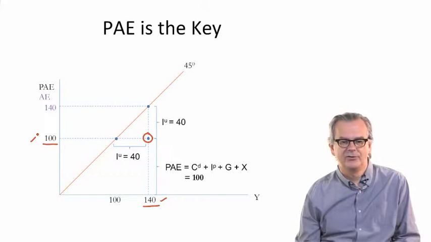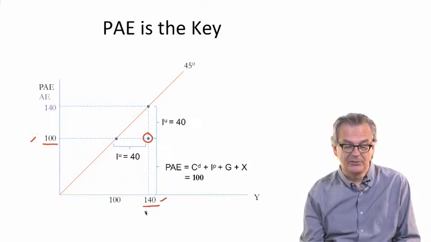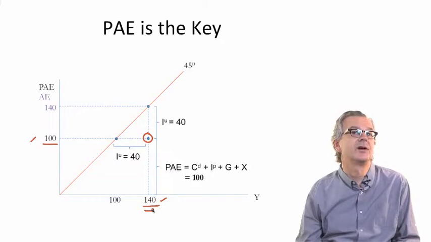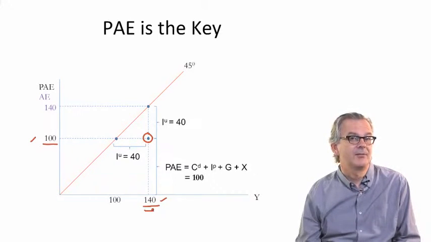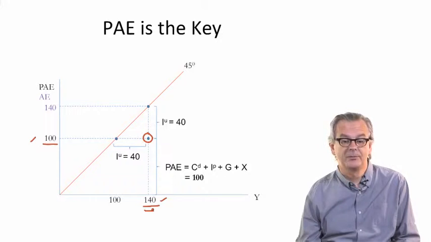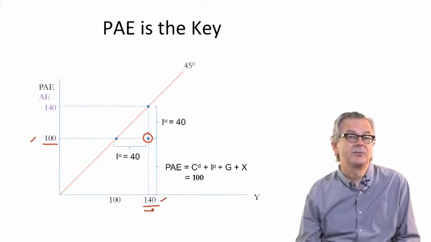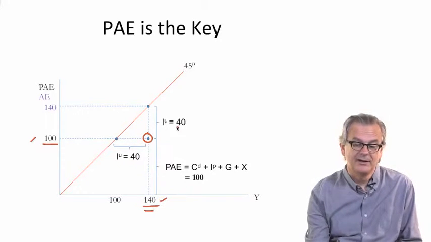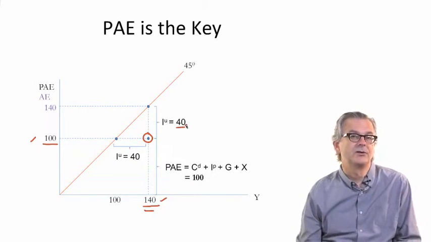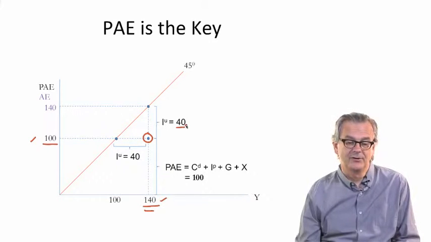This wasn't what firms expected to happen. Presumably when firms decided to produce this 140 units of output, this is what they expected to sell. That hasn't happened. The economy's planned aggregate expenditure has fallen short of what firms thought it might be, and to firms' surprise then, they have accumulated unsold stock of inventories, in this case 40 units of inventories.